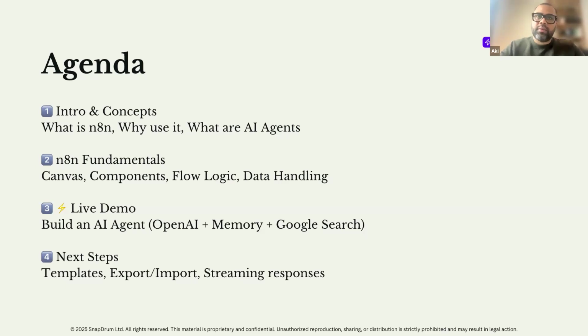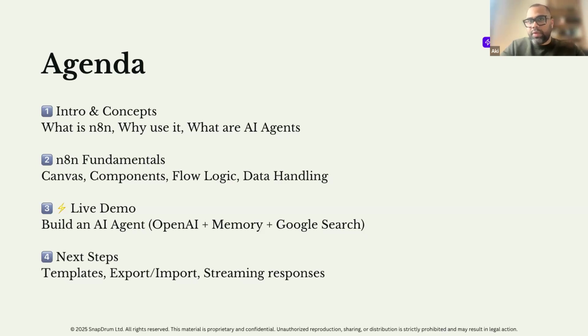n8n has quite a few tool connections that you can make. Then at the end, we'll talk about some templates, where you can directly get templates to use within your business domain, so that you can bring something in and directly start editing and building, making it your own workflow.